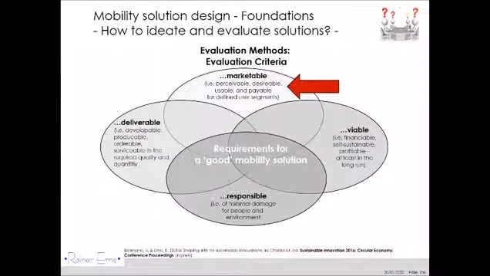When you have created a number of solutions, then the final step would be to evaluate them and to select one solution or one solution option in order to prototype it. And the main evaluation criterion for your solutions is marketability.